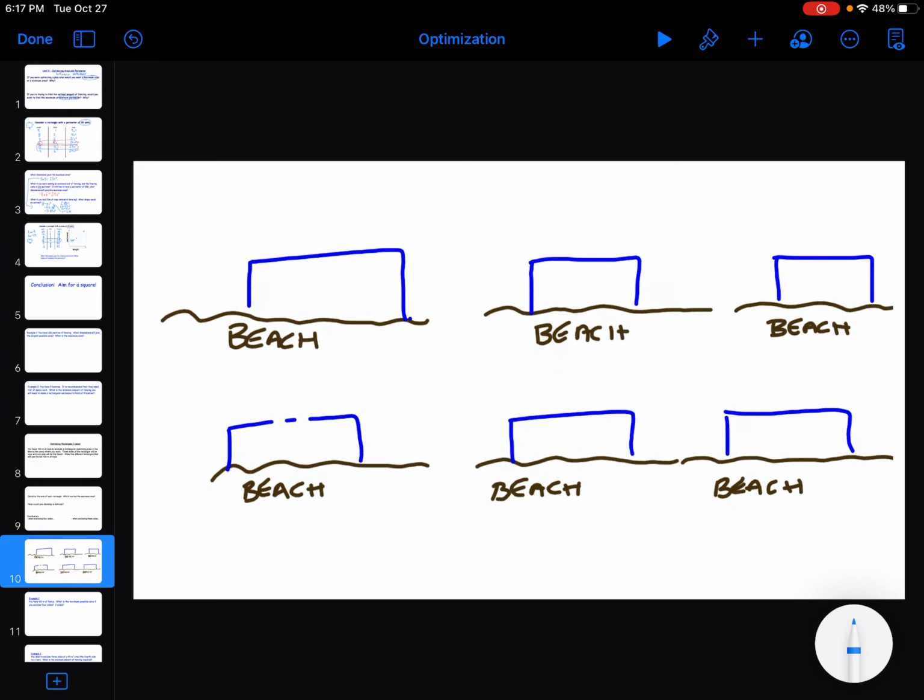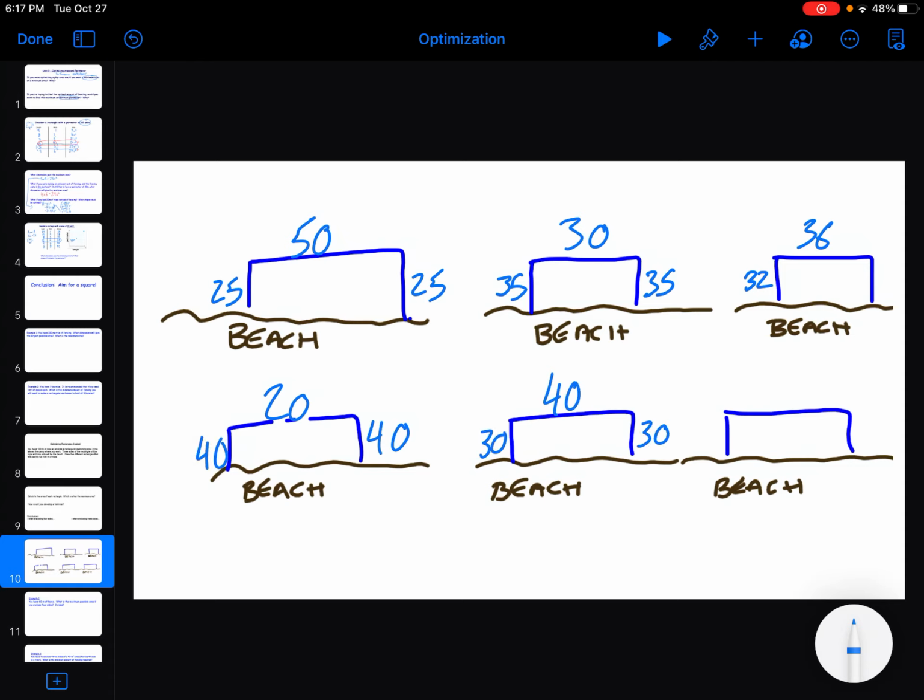So again, if we had something like this, if we had our beach and we were going through doing this, we could have something like 50, 25, and 25. We could have 30, and then 35 and 35, or 36 and 32, or 20 and 40, or 40, 30, 30, 40.